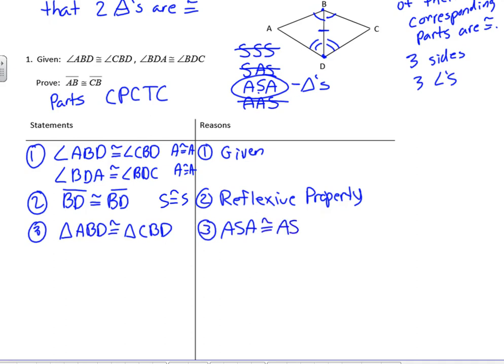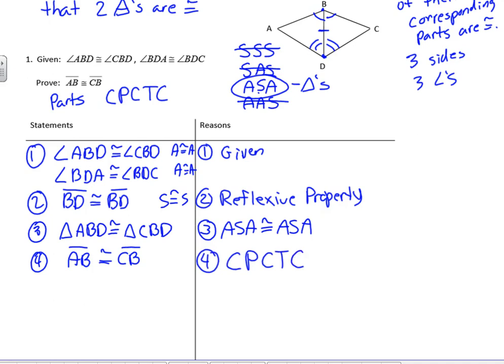Now that we've proved the triangles congruent, we know that their corresponding parts are all going to be congruent. So we can say that AB is congruent to CB, and the reason is corresponding parts of congruent triangles are congruent.